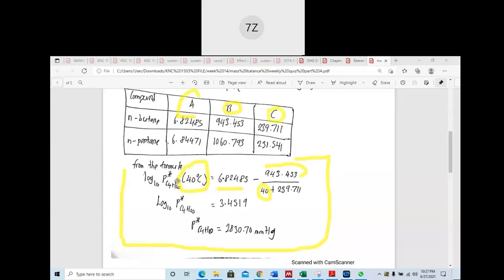For now we find for the butane. After we calculate it, we shift log the answer, and we get the vapor pressure of C4H10.